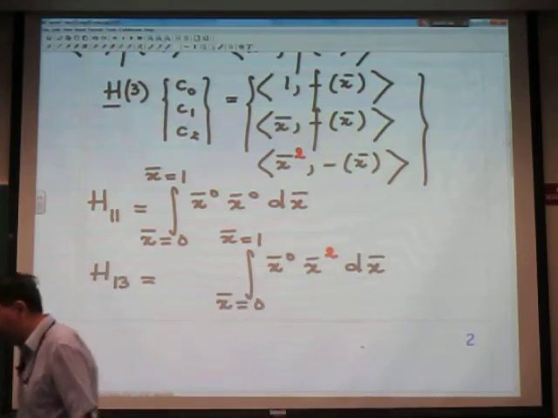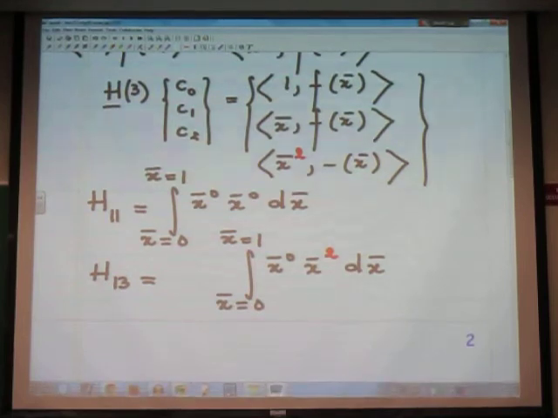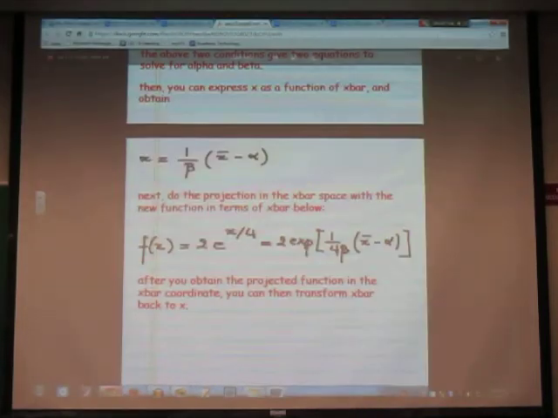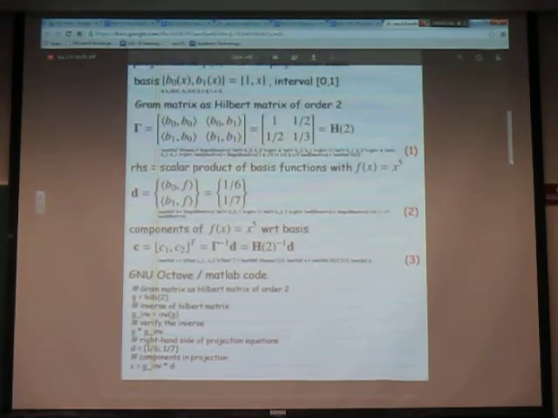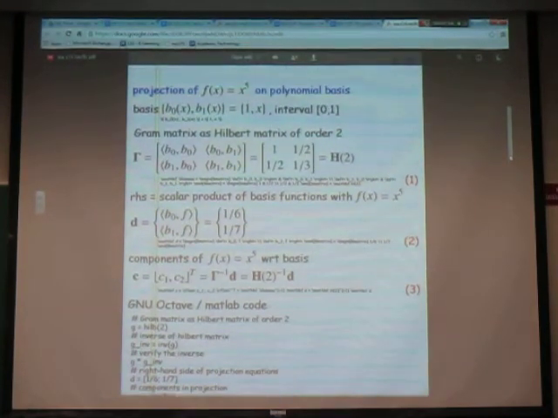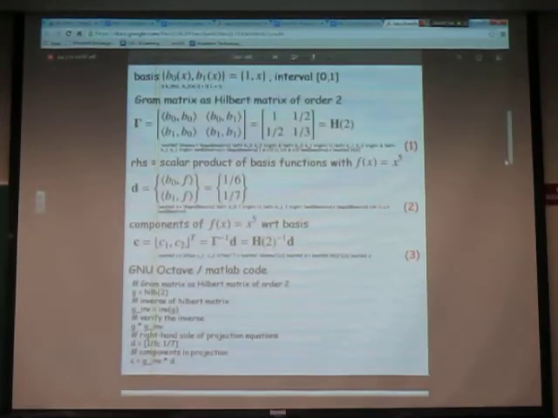Well, okay, so let me write down. First, let me recall for you section 8C. Essentially, it's very similar to what I wrote down here. This Gram matrix here is the Hilbert matrix.